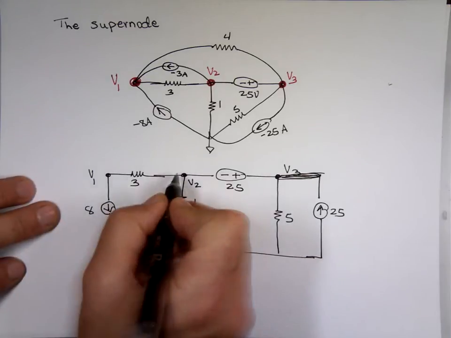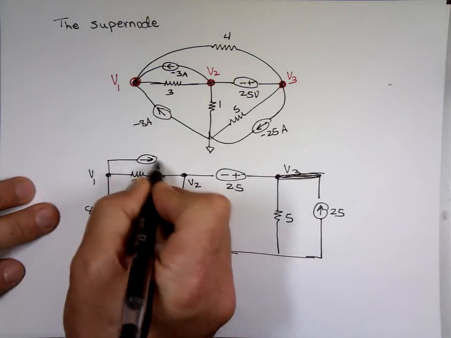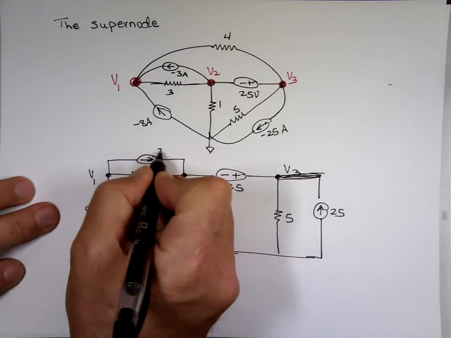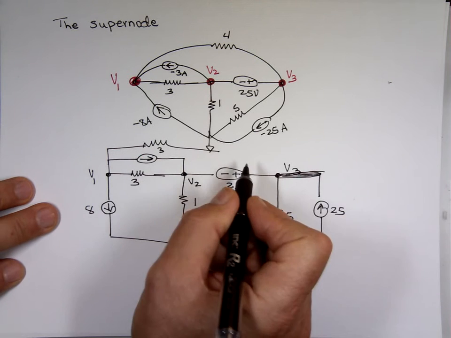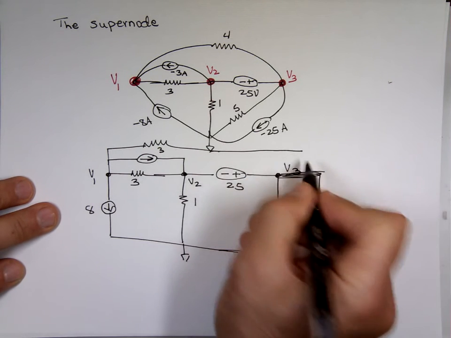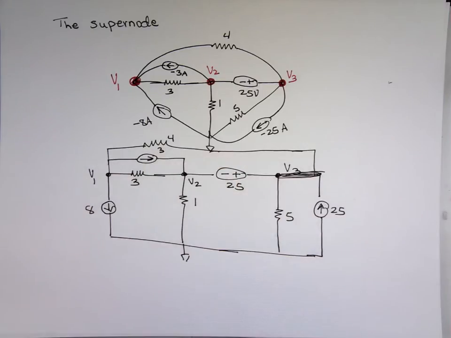I also have a current source now going in the opposite direction, because I don't like the negative, with the value of 3. And I got a resistor that goes all the way to here, and the value of that is 4. I kind of like it better this way, when everything is square and nice. Gives me more room to write stuff.